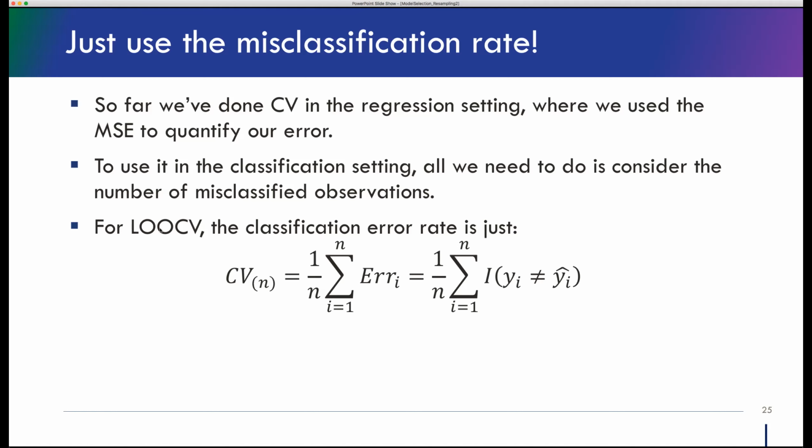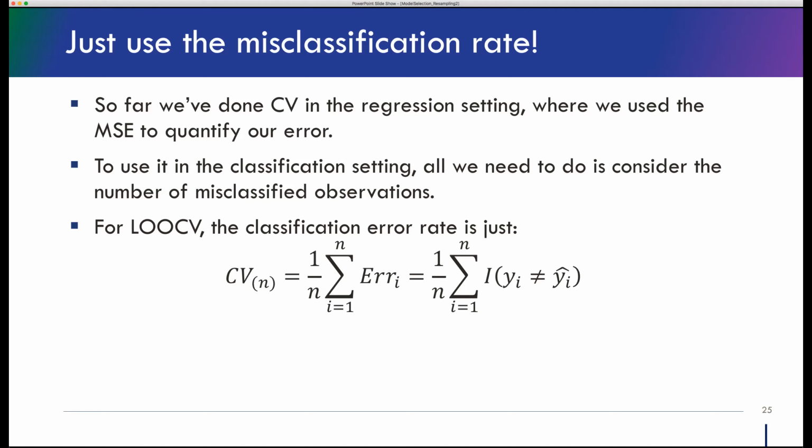With leave one out cross-validation, the classification error rate, you can write it like this: the cross-validation error equals the averaged error. For each observation you take out, you train your model with the rest, your n-1 model, and then check the misclassification error.